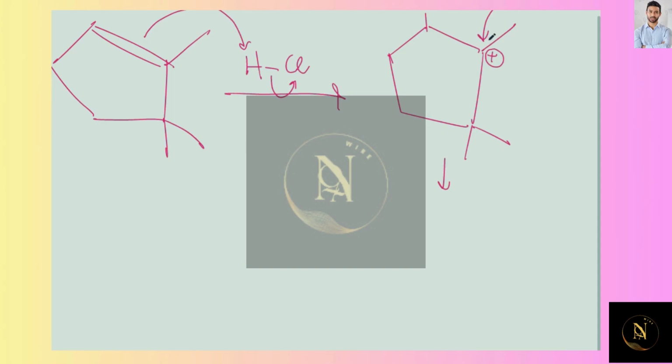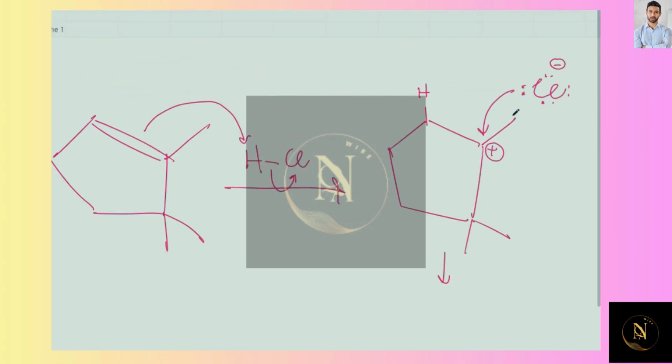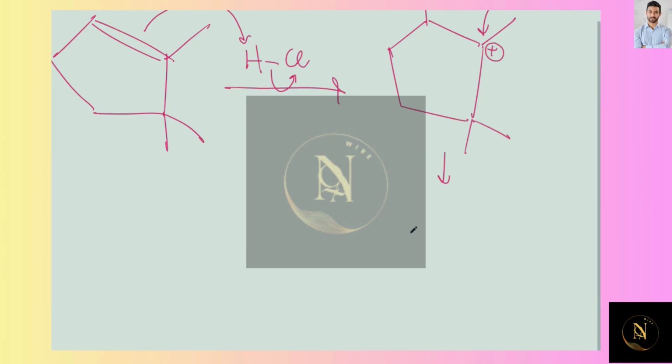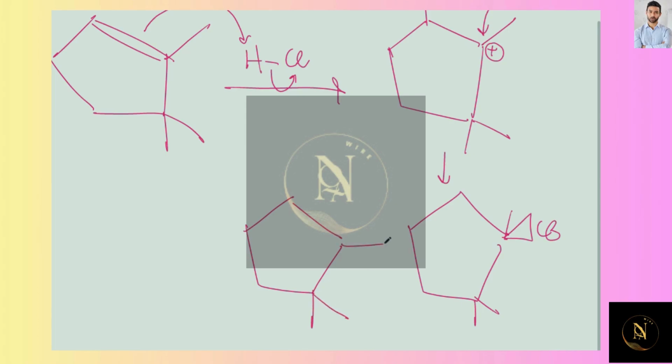And you will hopefully realize that this is a planar carbocation, right? Meaning that the chlorine can add to the top side and give us a wedge chlorine, or it can add to the bottom side and give us a dash chlorine.